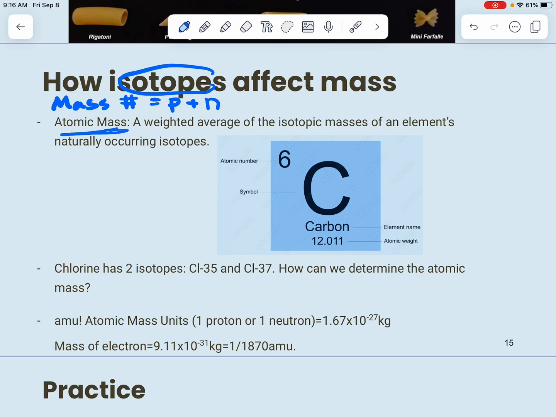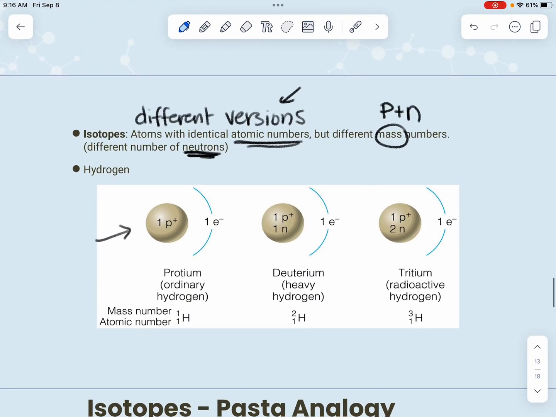Atomic mass is going to be an average of all the different types of carbon or hydrogen that we're finding on the Earth, okay? And more specifically, it's not just a regular old average where you add them all up and divide by the number of things that you added together. This one's going to be a weighted average because I told you earlier, with hydrogen, we find that this is our most common version of hydrogen.